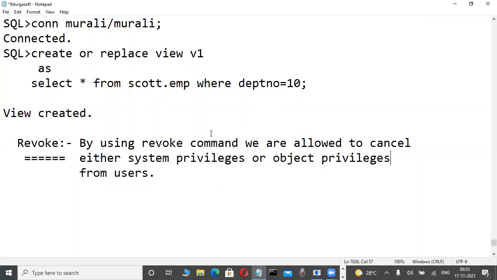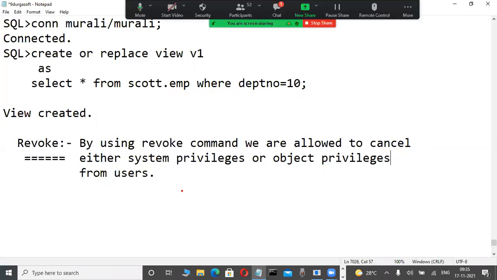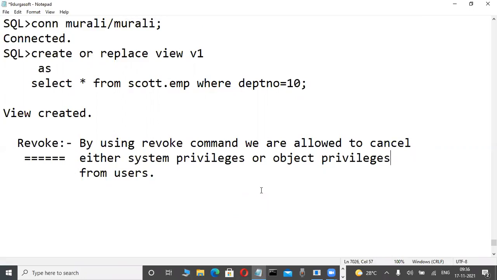But unfortunately, if you are interested in cancelling system privileges, as an outside person you compulsorily have to connect as an admin user, either a super user, sys user, or system user, any DBA user. Otherwise it is impossible. System privileges are cancelled by the database administrator only. Write a note. Object privileges are not a problem.